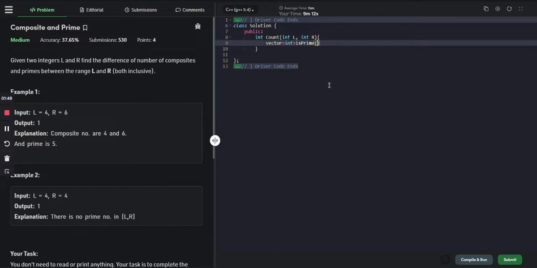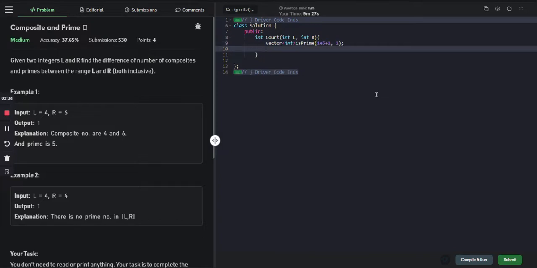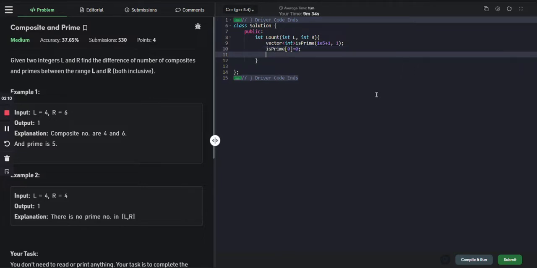We can give the range as 10^5 plus 1 to store 10 to the power 5 numbers to see if each number is prime or not. Initially, let us consider that all of the numbers are prime. Now, we need to say that 0 is not prime and 1 is also not prime.